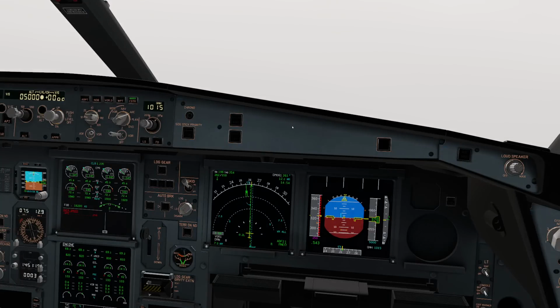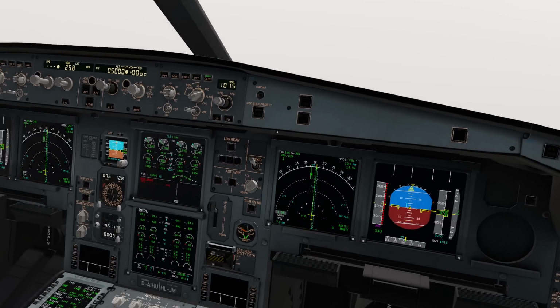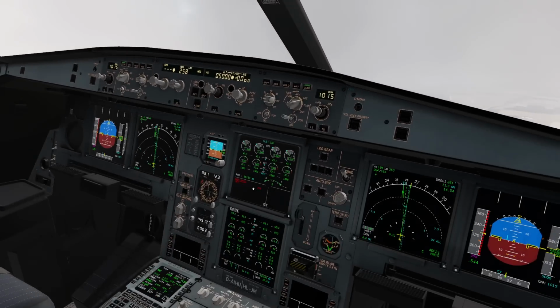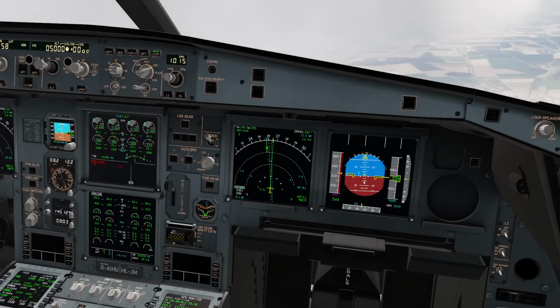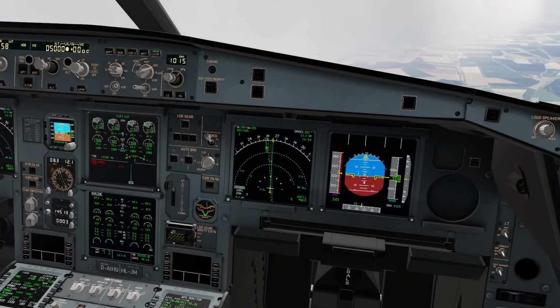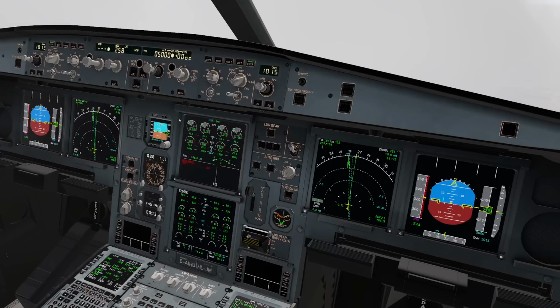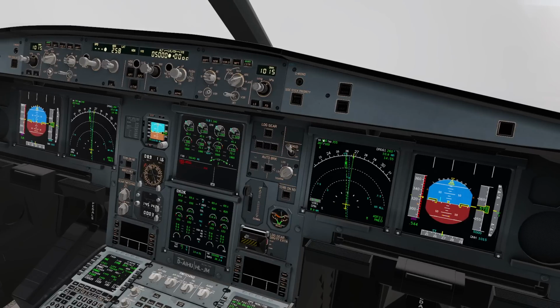Okay, respect stall warning. We'll do that. Affected ADR identification. Probe and window heat on. So, probe window heat on. All speed indications cross-check. So, we've got like 325 on number 2, 330 on number 3, and 320 on number 1, versus a ground speed of 186.